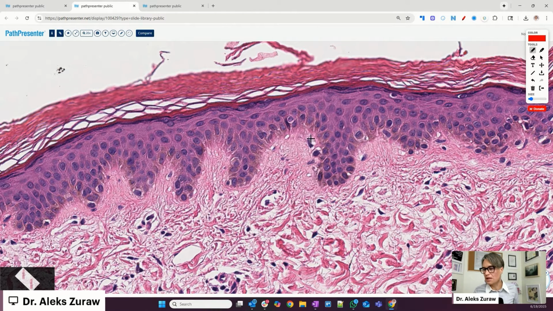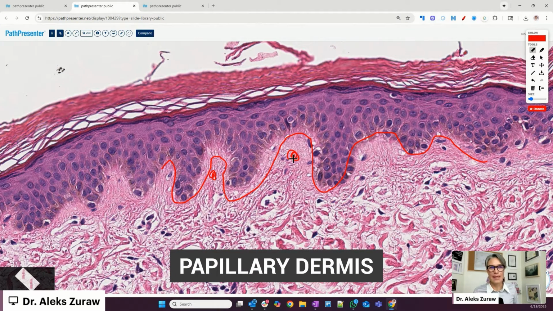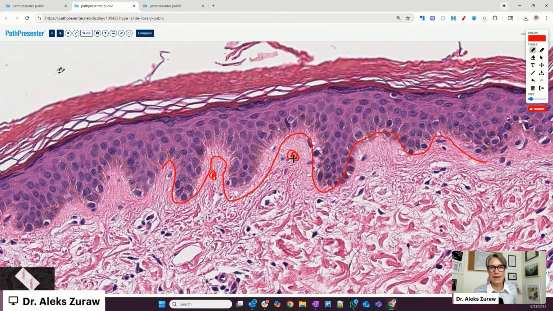And dermis has also different parts. These projections look a little bit like fingers, and that's why this dermis right here inside is called papillary dermis, and these are dermal papillae that are integrating with the epidermis.